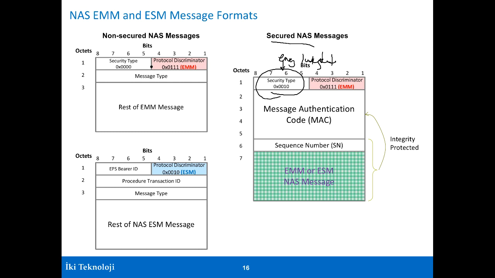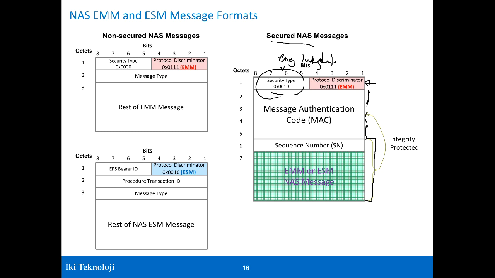And obviously, once you have the security type, this second field over here actually has to be EMM. Otherwise, you can't have a security type. You would have a bearer ID, and that's not a bearer. So the very first thing it says, this is a security type, encrypted, integrity protected. The first part of it over here is the message authentication code. This is the integrity protection, which protects everything including the sequence number and whatever is the message over here.